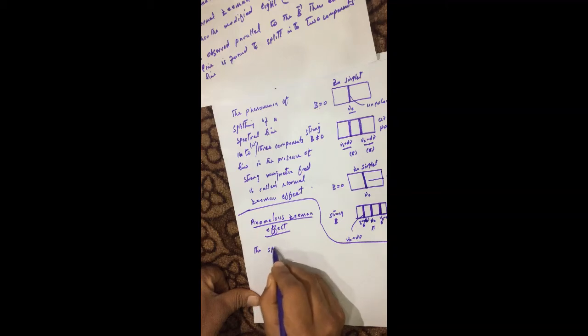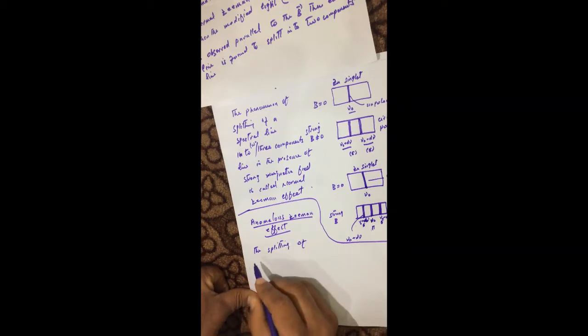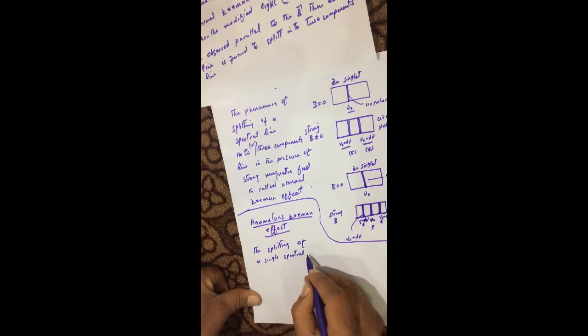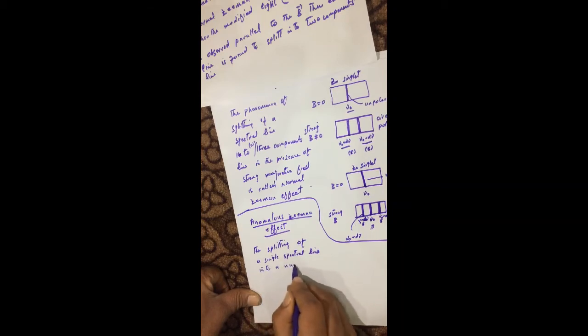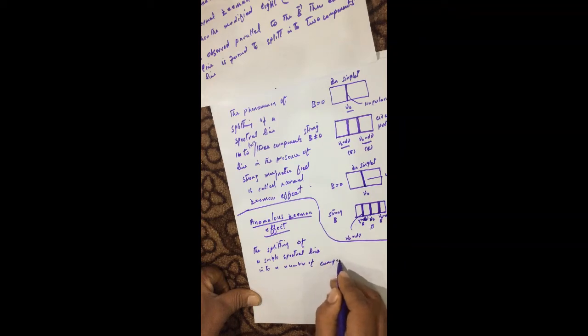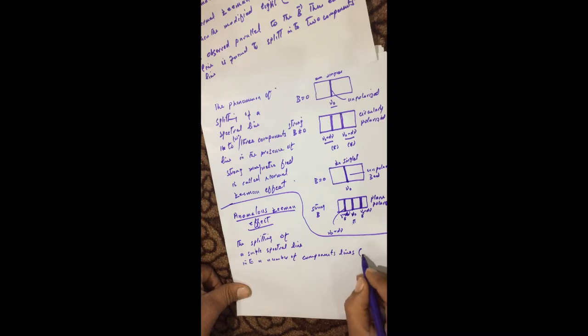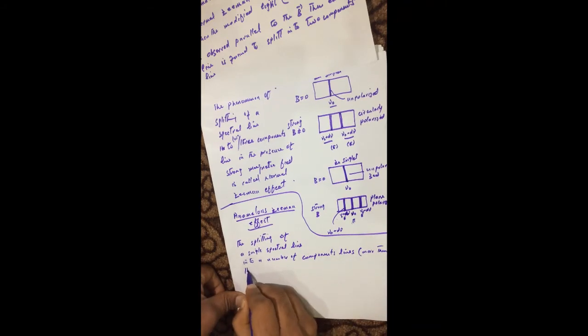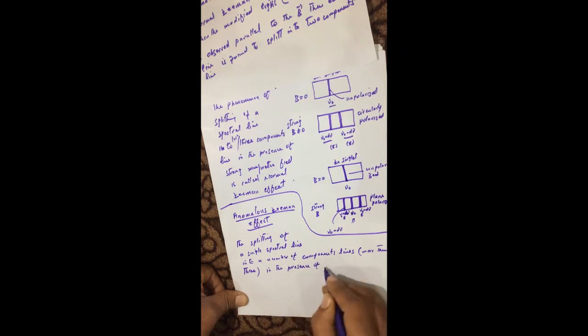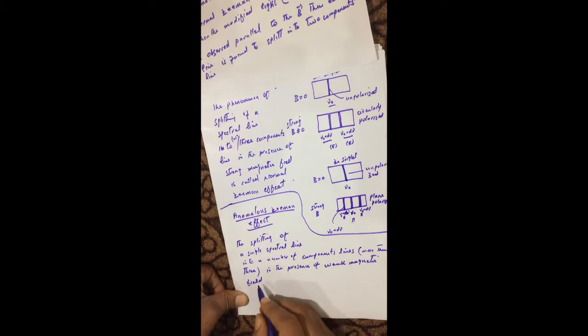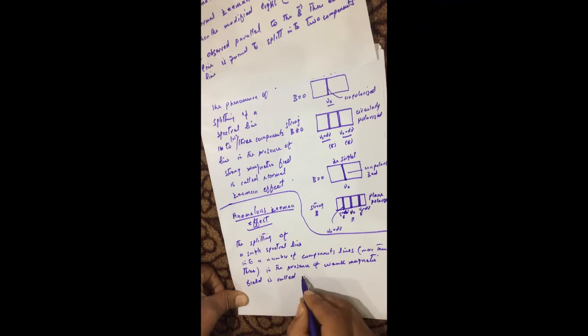The splitting of a single spectral line into a number of component lines, which will be more than 3, in the presence of a weak magnetic field is called anomalous Zeeman effect.